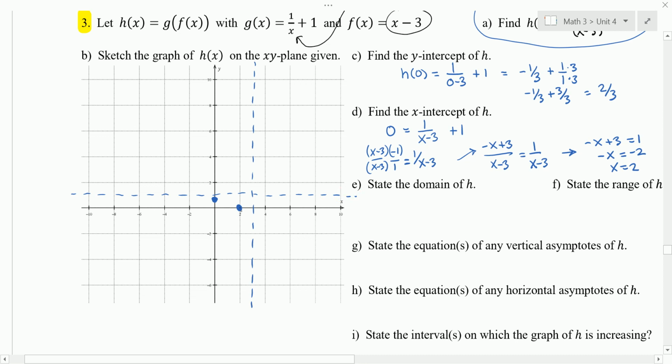And the only place it crosses the x-axis, so it goes right in here, and the right side's going to stay up in the top right hand corner.